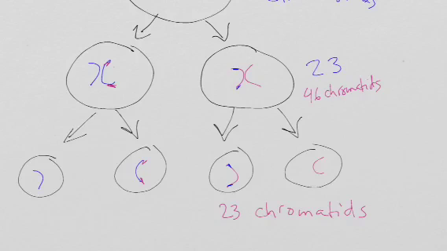When you have non-disjunction, and you start off with your parent cell with its full number of chromosomes, I'm just going to draw 4 chromosomes in it, 2 homologous pairs. So I've got a big one here and a little one, and a big one here and a little one. There's my full complement of chromosomes.